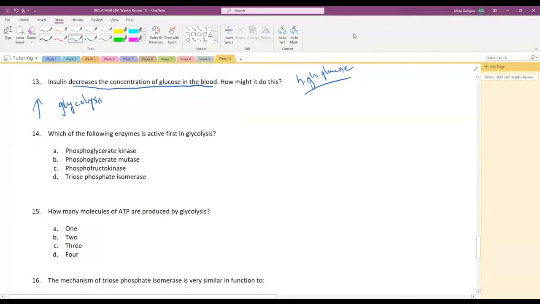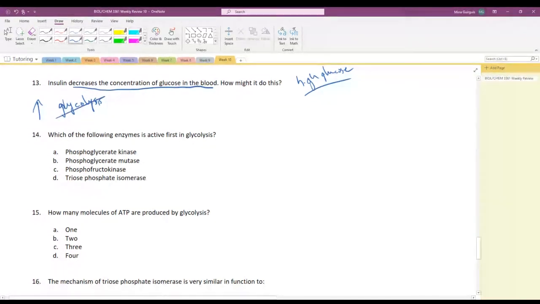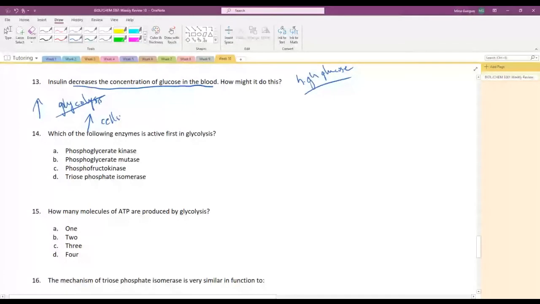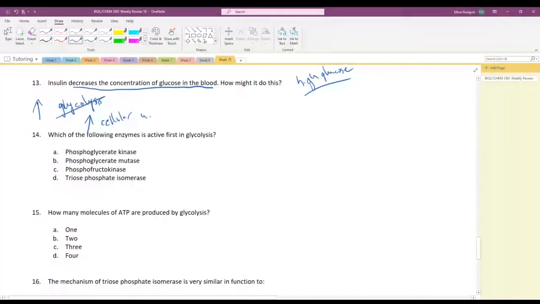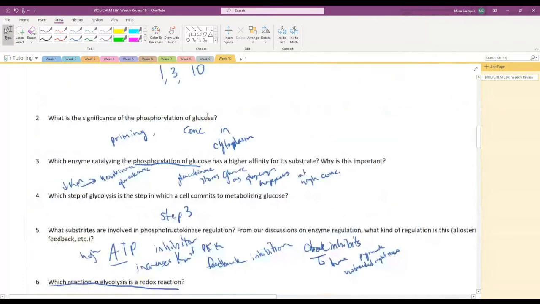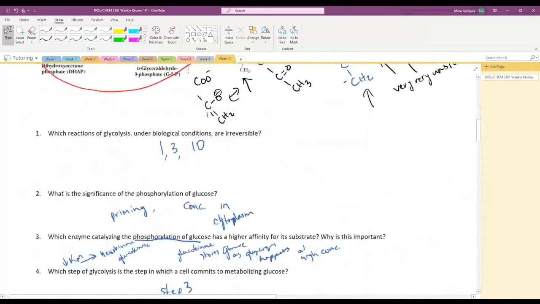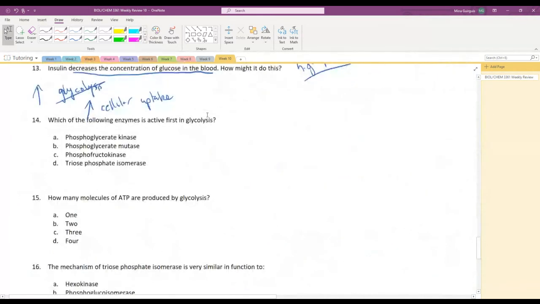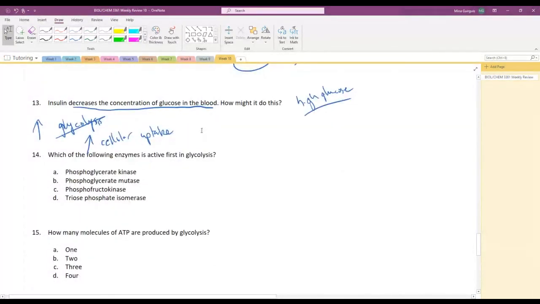So insulin could, rather than increase glycolysis, let's change that to increase cellular uptake. Why does this make sense? If glucose is in the blood, it's not in the cell, right? We talked about, I lost it, I apologize, I don't have the diagram in here. We talked about the idea that the phosphorylation of glucose inserts a negative charge, so it can't just diffuse back out of the cell.